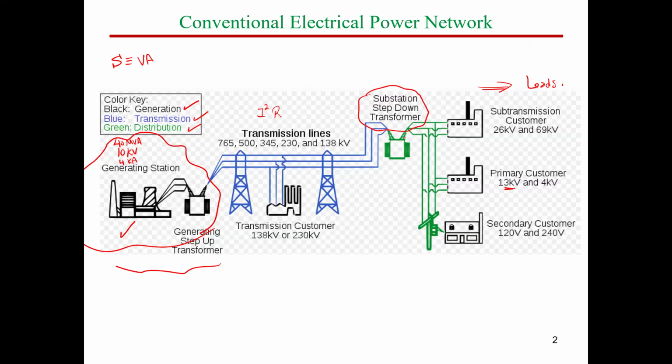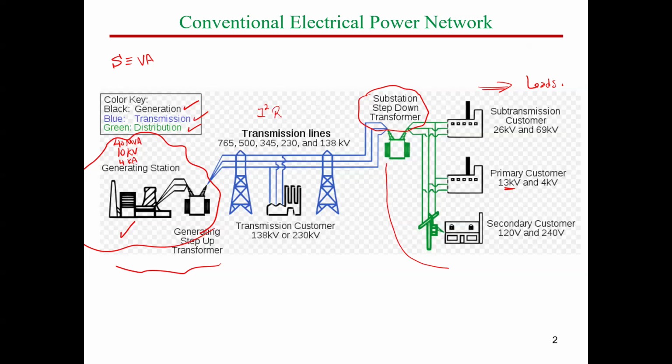After that, stepping down the voltage in substations to be distributed to the different customers. So this is the distribution network. All the green part here, guys, is the distribution part. All the black parts refer to the generation stage, and the blue parts here are the transmission network.